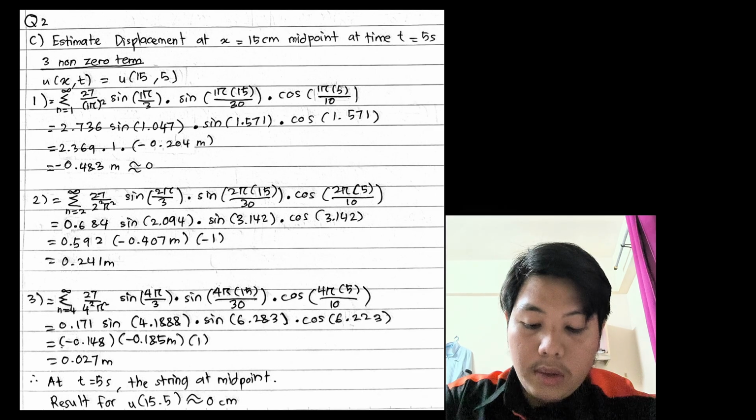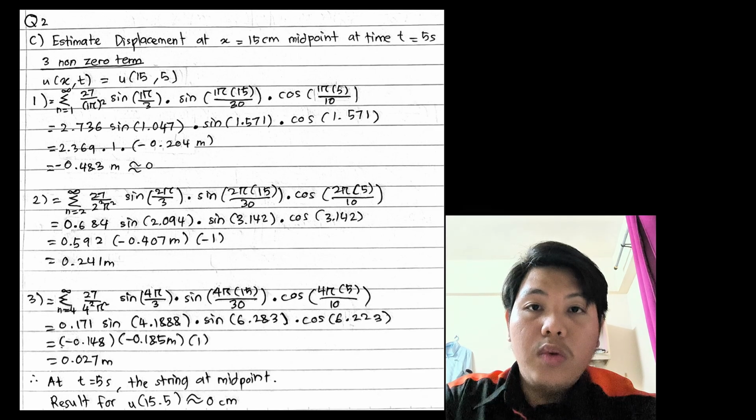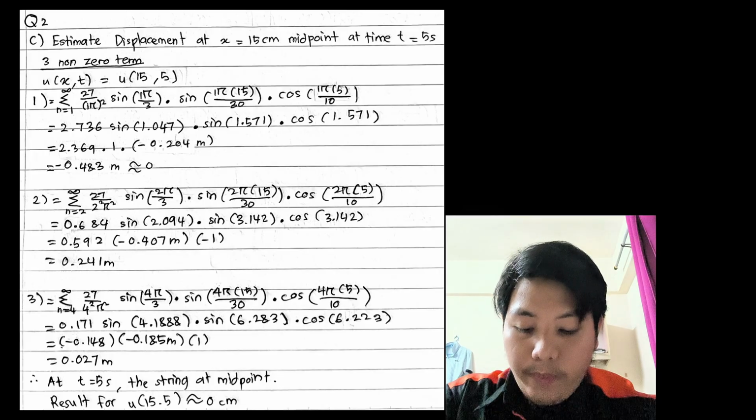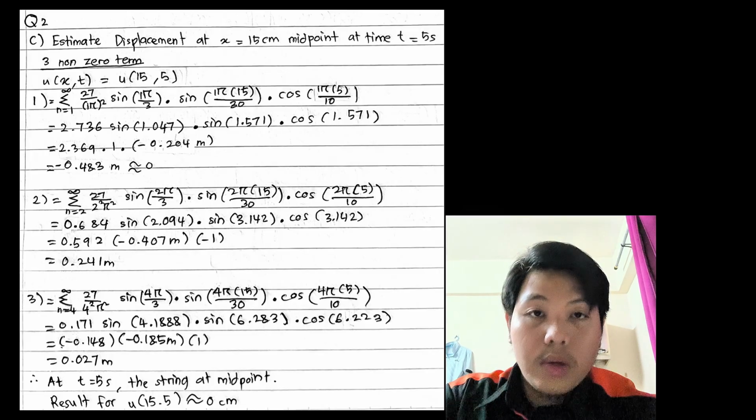For term 2, we substitute n = 2 and we got 0.241 meter. And for term 3, we substitute n = 4. So term 3 equals 0.027 meter.